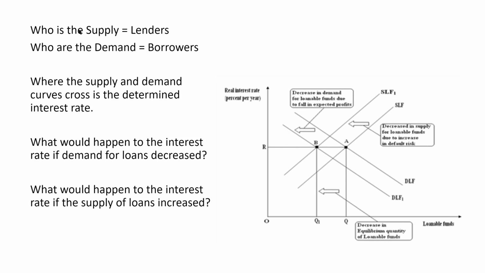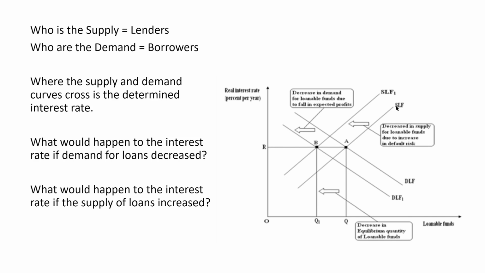And then what would happen if interest rates on the supply side increased? Meaning the people who are supplying loans, the lenders, are going to get more money for the loans that they make. Well, they're going to make more of them. Okay? And so you can have the same exact thing that we've had before, where you've got demand, you've got supply, and they shift. Remember, the labeling is important.